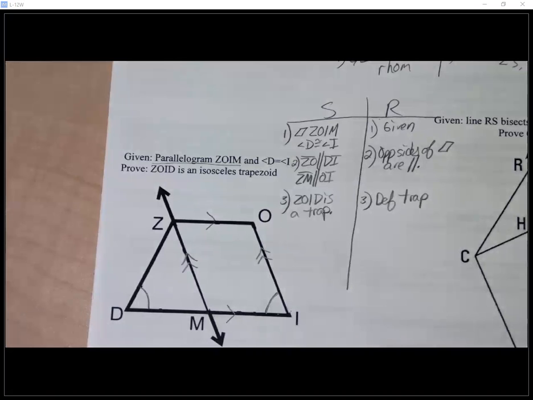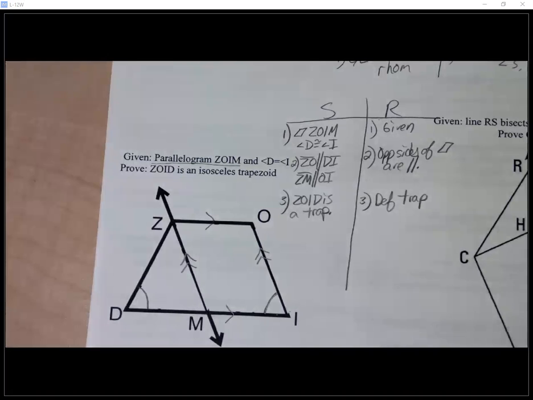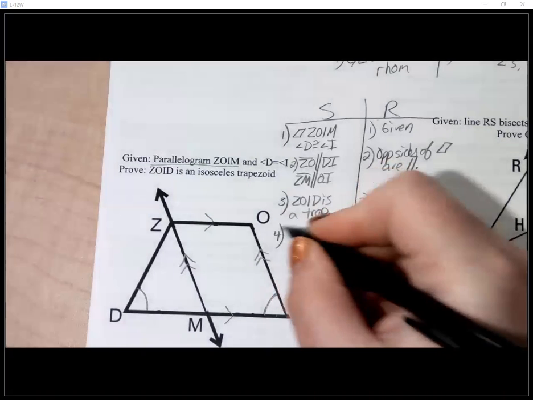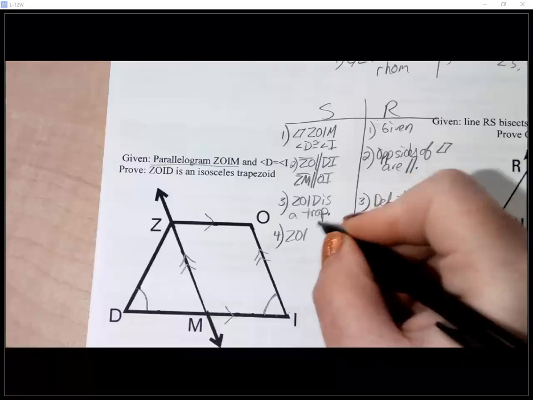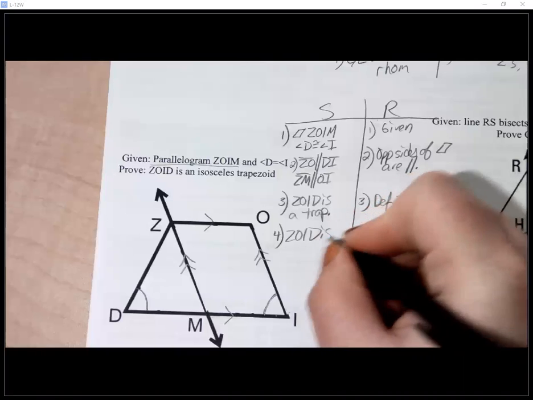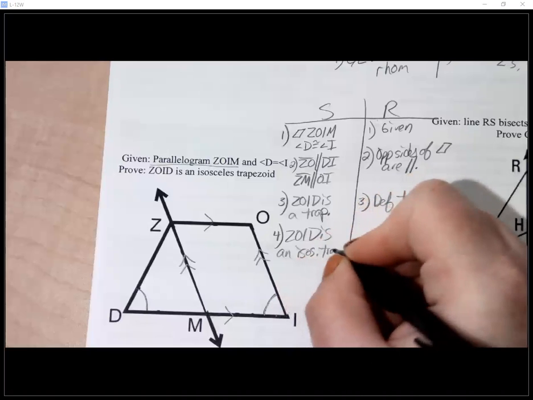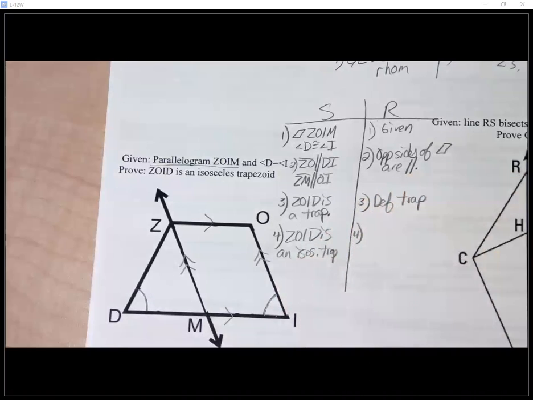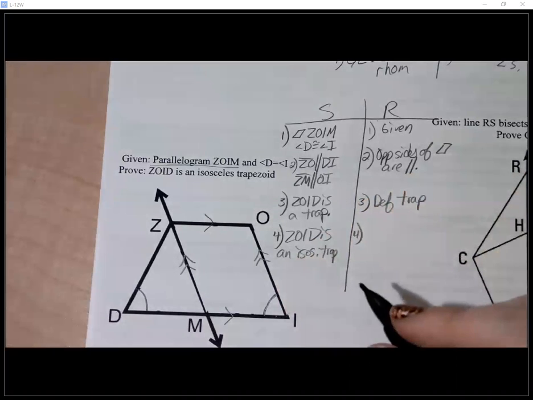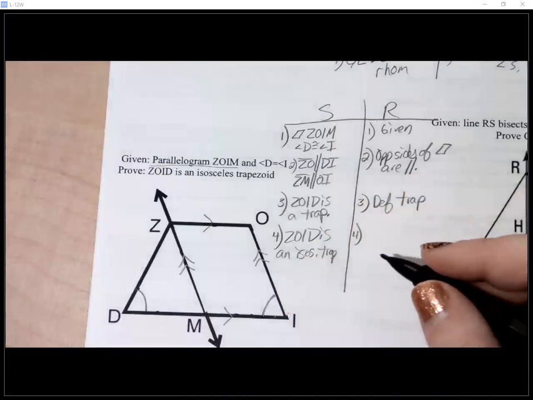I have congruent base angle pairs. So yeah, this thing is an isosceles trapezoid. So I'm just gonna say it's a trapezoid with congruent base angle pairs.